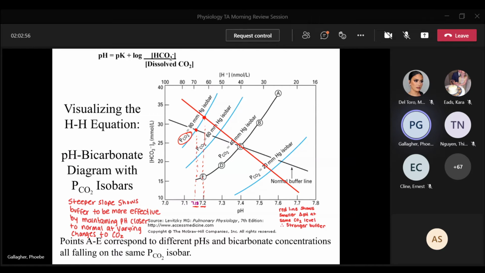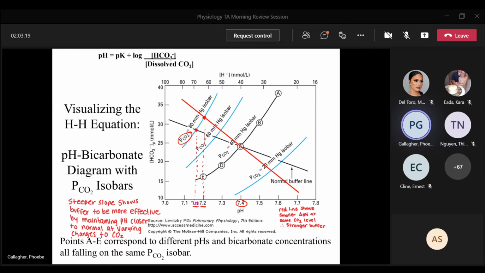So you can see right away that your pH is going to be higher when your buffer system has a steeper line. Just keep in mind that if you're looking at these Davenport diagrams and the line is steeper, it means you have a stronger buffer, meaning that the buffer will work better to maintain a pH closer to 7.4.